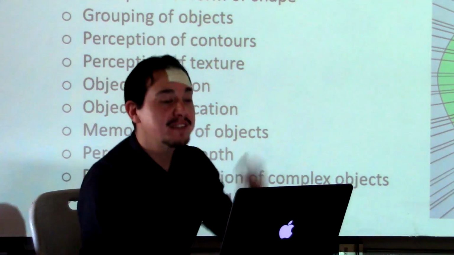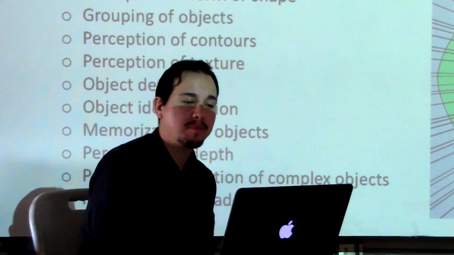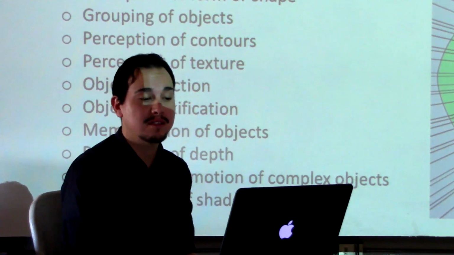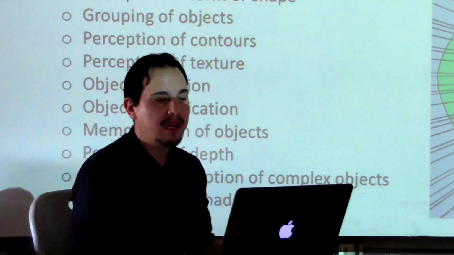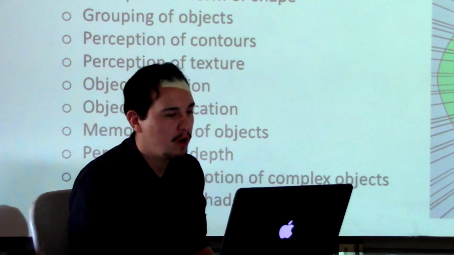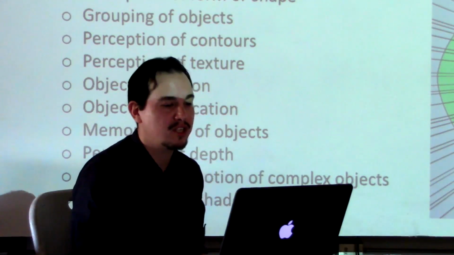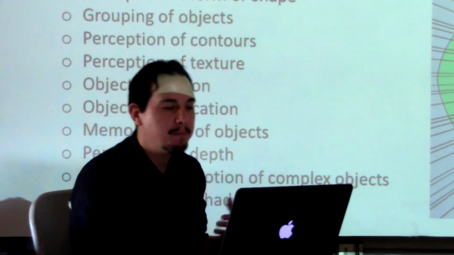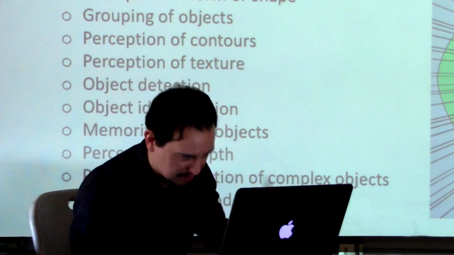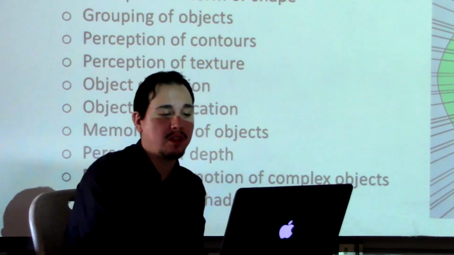Furthermore, the detecting model does not address late scientific evidence that shows the contribution of color vision to all these important visual tasks, like segmentation of objects, perception of form or shape, grouping of objects, perception of contours, perception of texture, object detection, object identification, memorization of objects, perception of depth, perception of motion of complex objects, recognition of shadows.